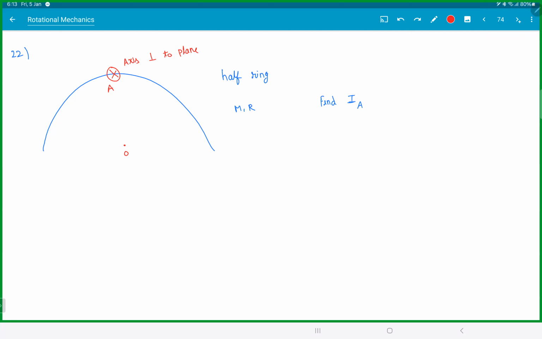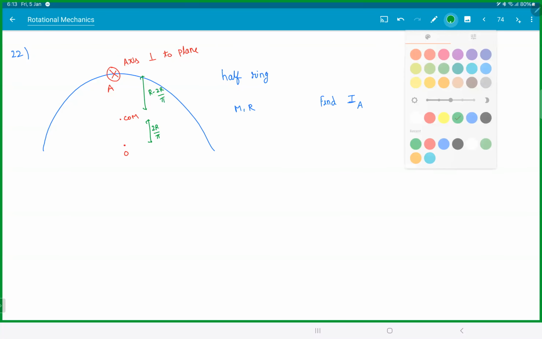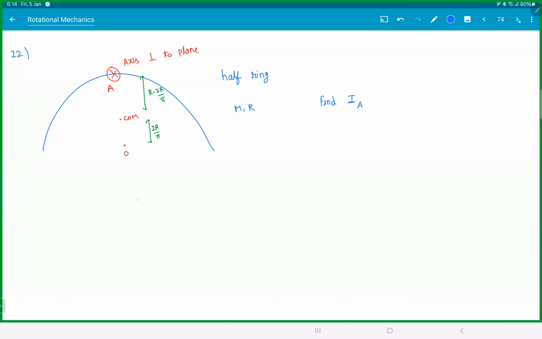See, IO I know. That is fine. So this is 2r by pi, and that would be r minus 2r by pi. So IO is I center of mass plus m into 2r by pi whole square.